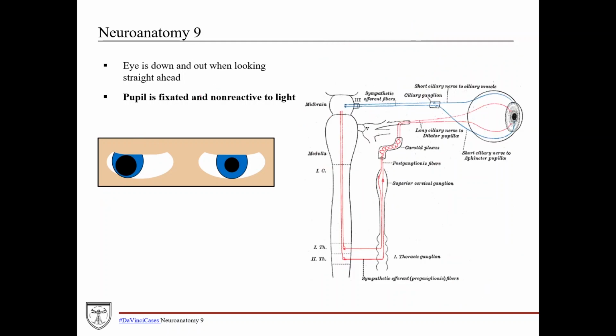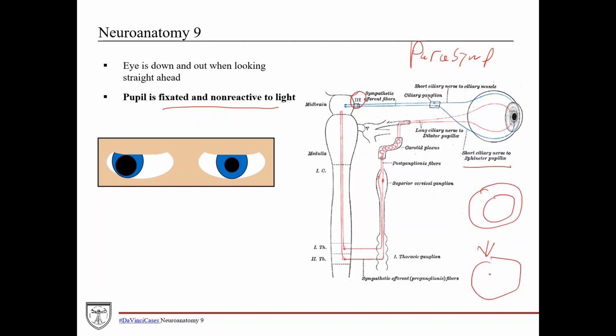The other thing is the pupil is fixated and non-reactive to light. So we have cranial nerve 3 here. It brings in parasympathetic fibers that innervate the sphincter pupillae, which is the muscle responsible for constricting the pupil. If it contracts, it's going to cause narrowing of the pupil to limit the amount of light that comes into the eye.